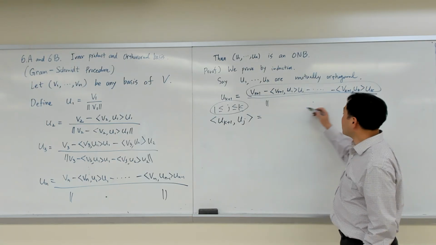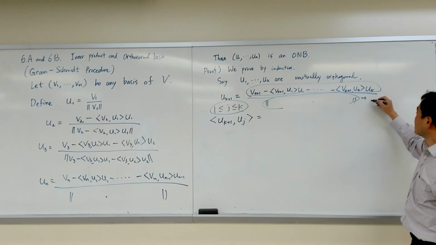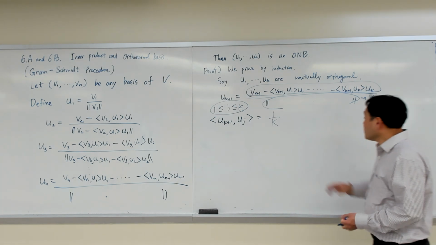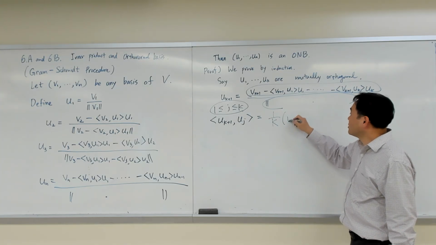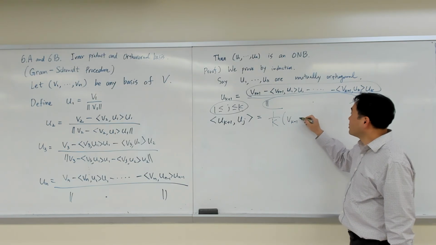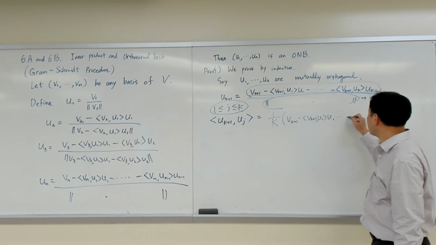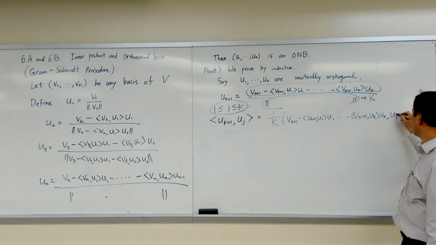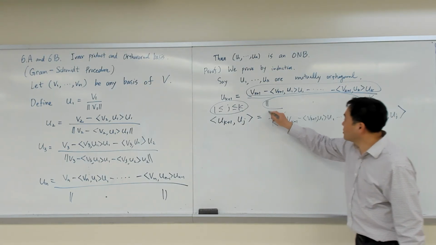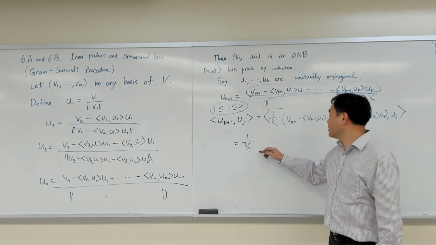Let's define the denominator as capital K, so you get 1 over K times the inner product of v(k+1) minus (v(k+1), u1)u1, and so on, minus (v(k+1), uk)uk, with uj.